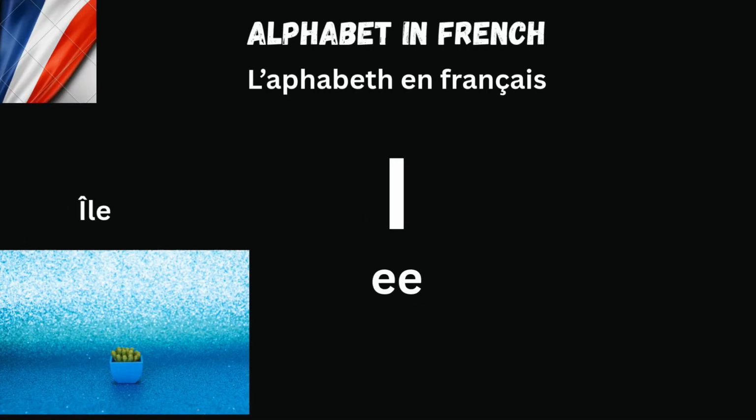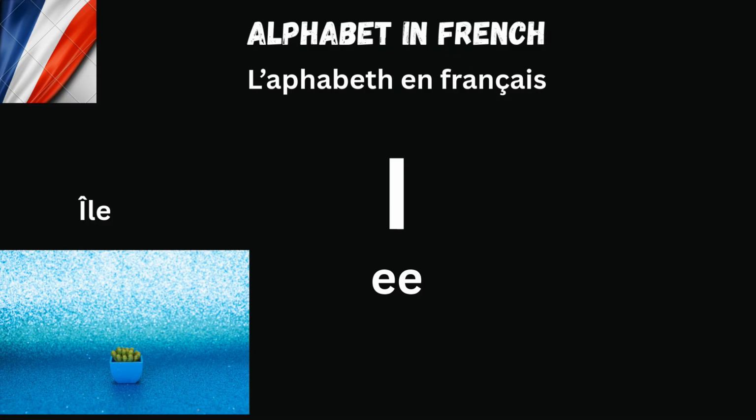The next letter is I. Letter I in French is pronounced as ee. Now repeat after me twice. Perfect.